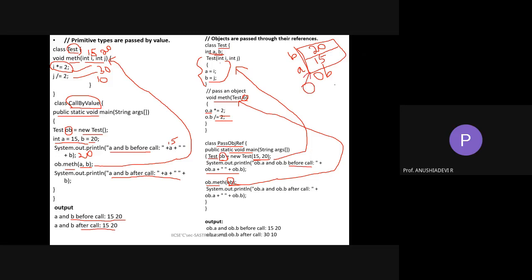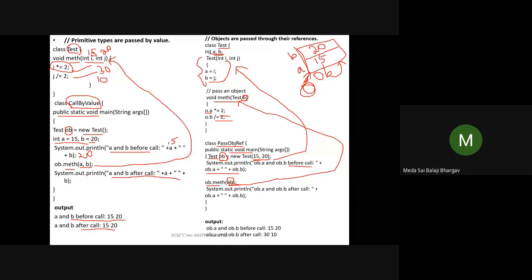So now one more reference is also pointing to the same object. Initially OB pointed to this object. Now one more reference O is also going to point to it. Got it or not? Yes, ma'am.